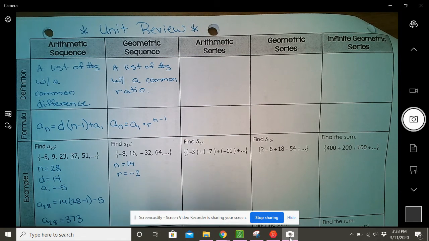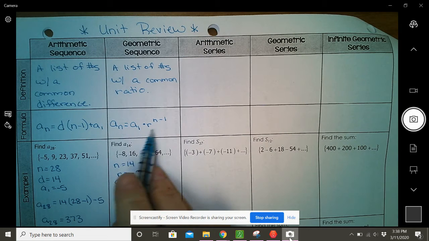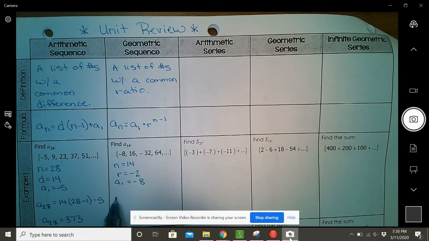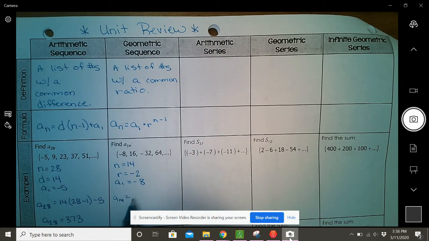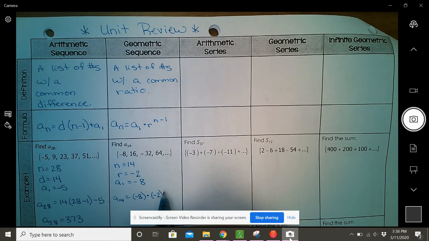And then lastly, I'll need the first term of the sequence to plug in, which is -8. So everything goes straight into this formula. I'm looking for the 14th term. The first term was -8. The r value is -2, and the n value is 14.